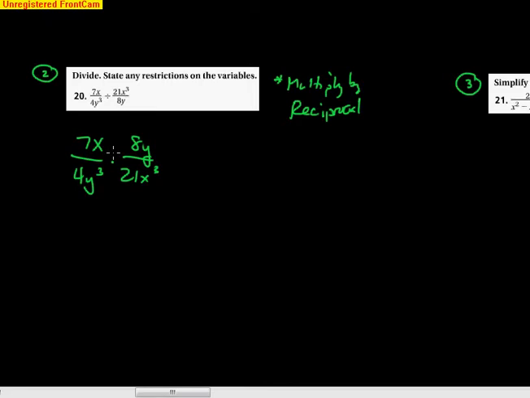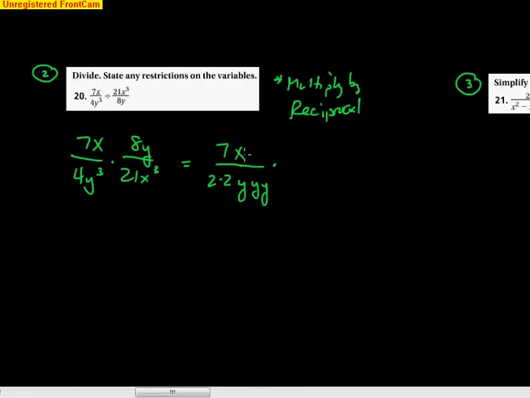Okay, and here's what I would do: I would break some things down. So I see a 7 here. 7 cannot be broken down. And I see an x. Can't be broken down. Now, 4 can be broken down. 4 can go into 2 times 2. And y cubed is 3 y's. So this is me kind of factoring.